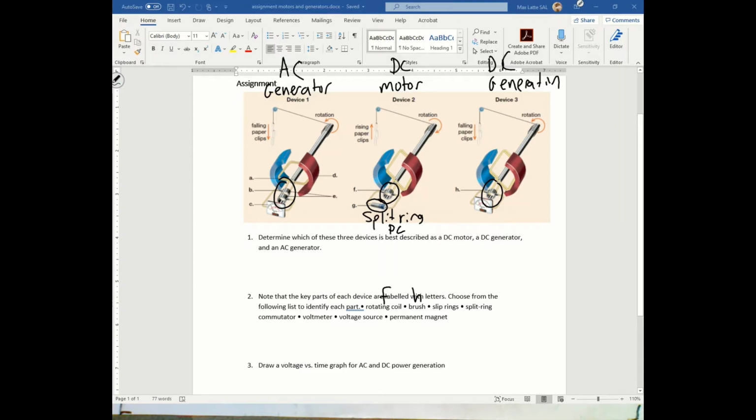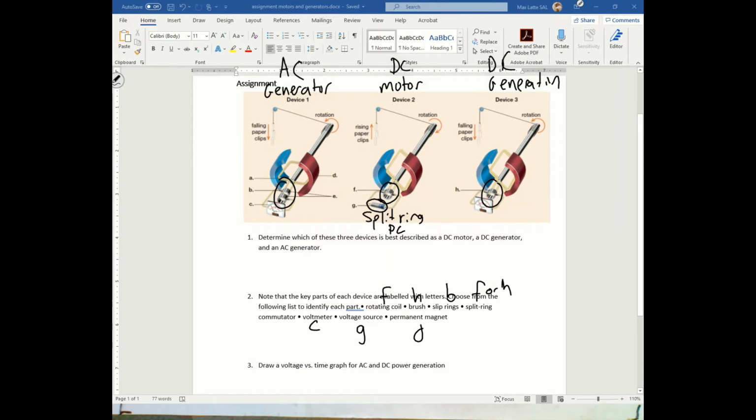The slip rings is definitely B. Split ring commutator is F. I don't know, F and H. The voltmeter would be what they're measuring the current or voltage on, so that would be C. Voltage source would be G, and then your permanent magnet would be D.